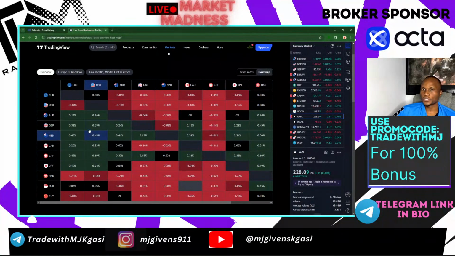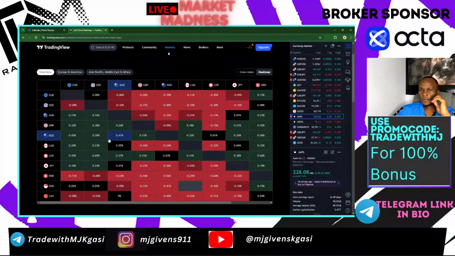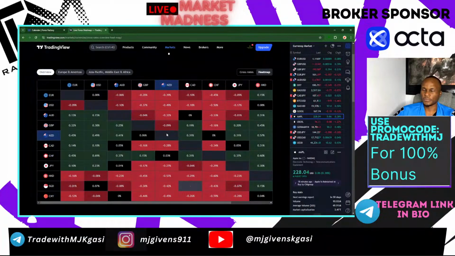But what's weak, what's strong for the day? Euro quite weak against all majors. British pound standing some ground. Remember, it was a holiday yesterday for the British pound. Still holding some ground there. New Zealand dollar strong for the day. AUD struggling a bit, quite surprising given the fact that the New Zealand dollar is powerful today.